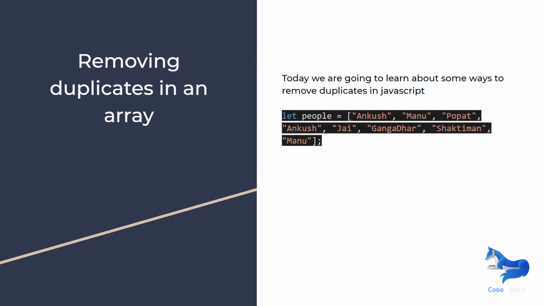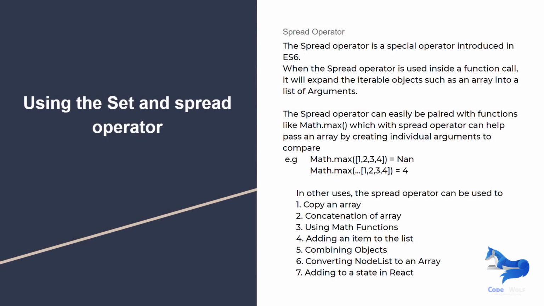Now we can see over here that if we have an array as follows, for example, this array which contains certain items, we can remove duplicates systematically using various techniques and steps available to us. So what will be these techniques? Before going forward, there are certain important things that we should understand, which are the spread and the set operator.